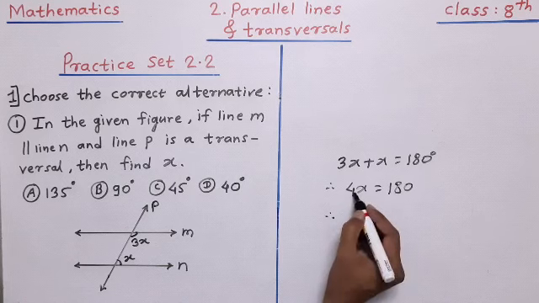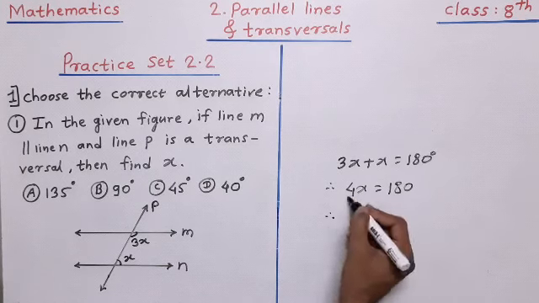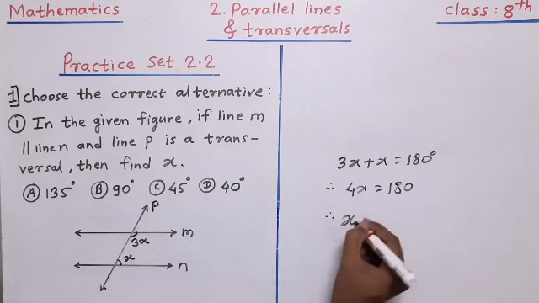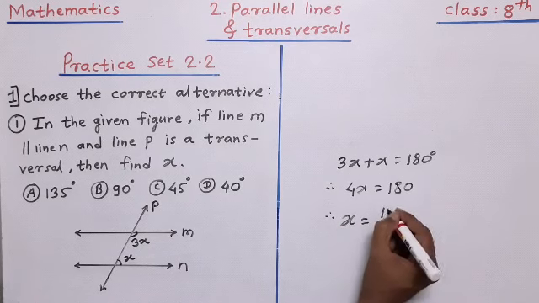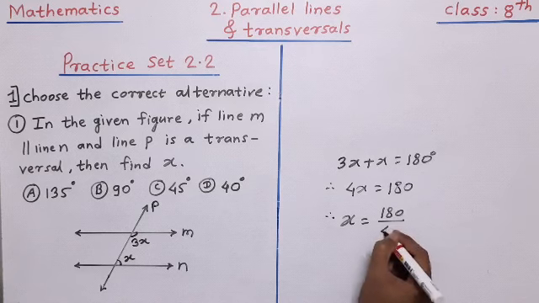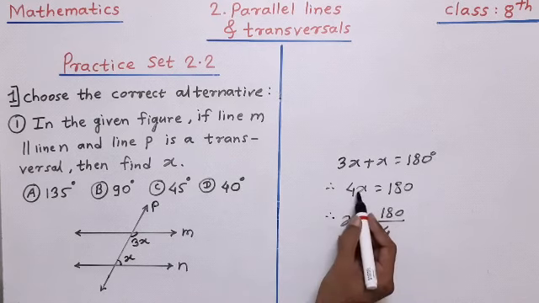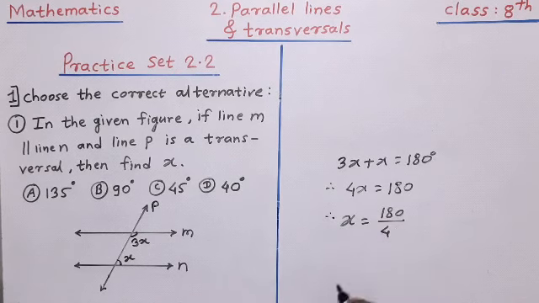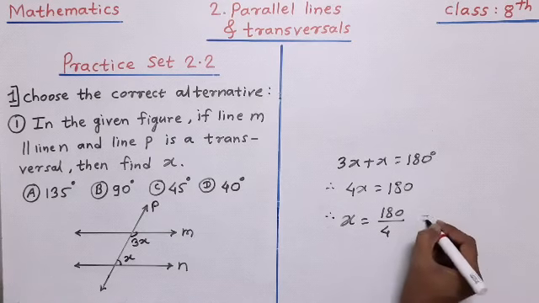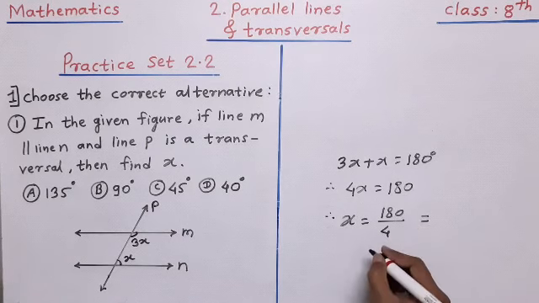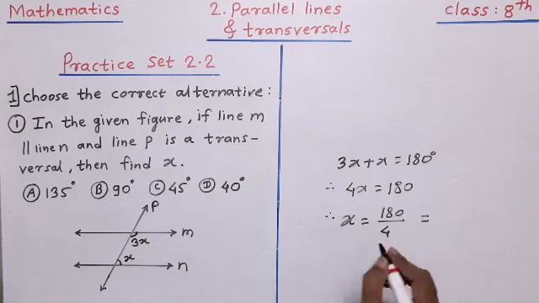Now 4 is multiplied on this side, and if it is shifted to the right hand side, it becomes divided. So x is equal to 180 upon 4. If we divide this 180 by 4, we get the answer for x.